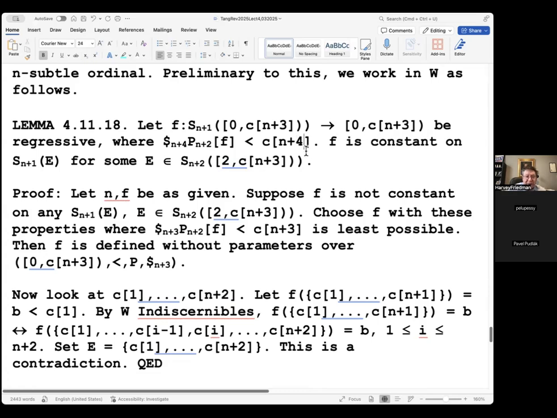All right, let me fix this. I think the F is constant on S. I think there's a notation here.